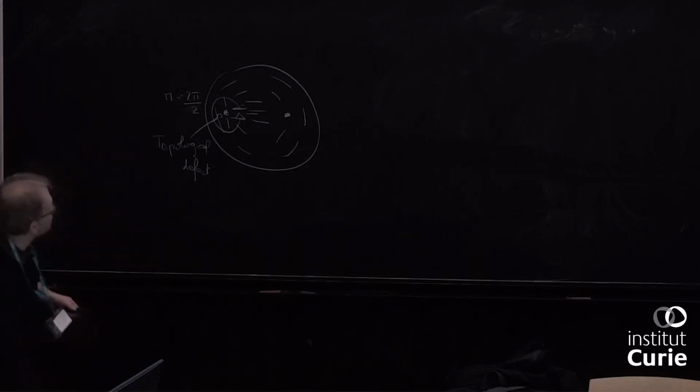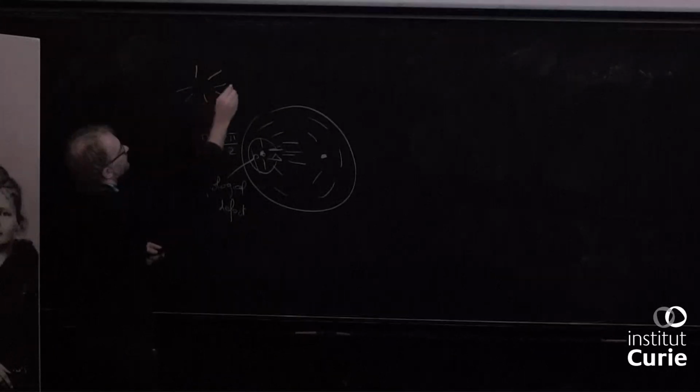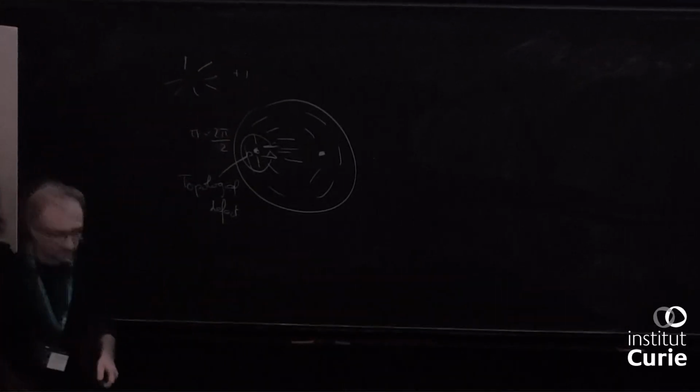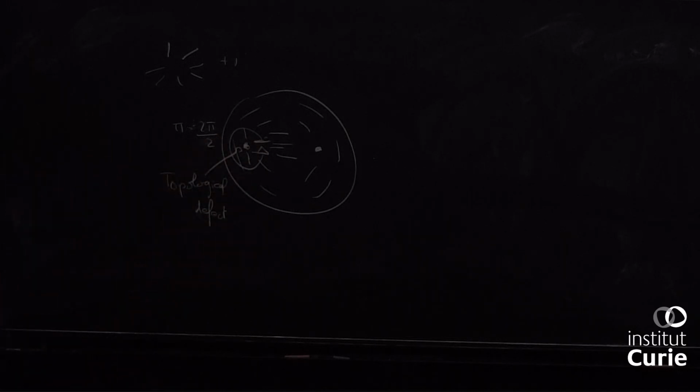So therefore, this is called a defect 1/2. Okay, so a defect +1 is just an aster like this. But the nematic defects have this structure here where they rotate by pi instead of 2 pi.